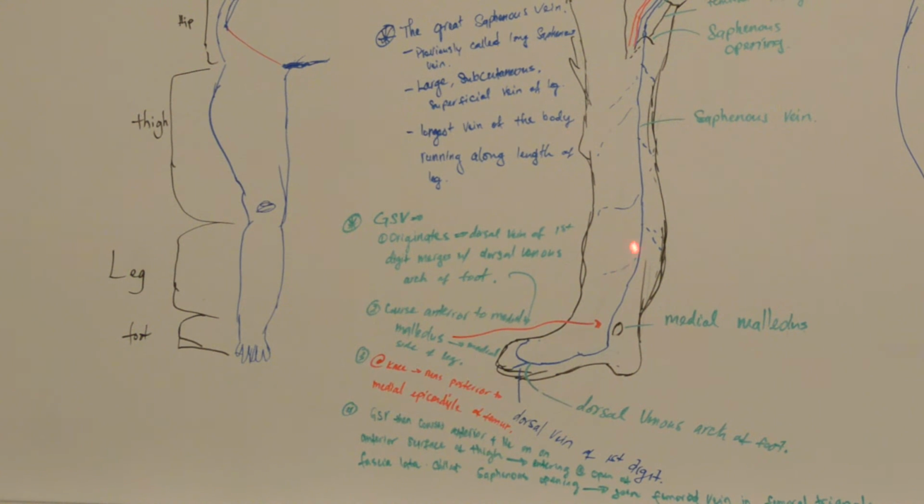and then it will course upward right here onto the knee, where it will course posterior to the medial epicondyle of the femur. So the medial epicondyle of the femur is along the knee area, and it will course posterior to that epicondyle.